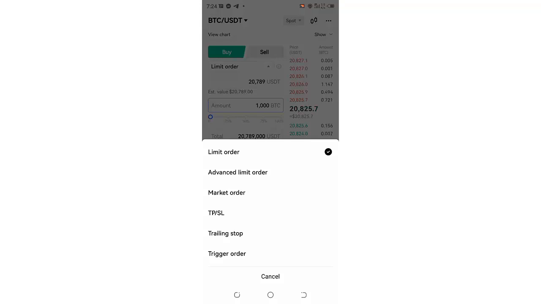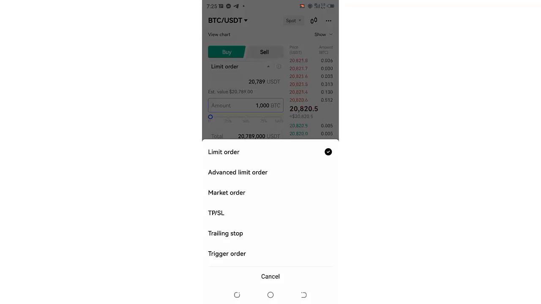You need to understand these things. You need to read about them, understand exactly. But let me give you a brief idea. So for limit order, let's say that you expect that BTC will hit, maybe BTC is selling for 20,800 now, and you expect that before morning it will go down to 20,400, and you know that if you buy at 20,800 you'll be at loss, and you say, okay, I don't want to buy at that amount.